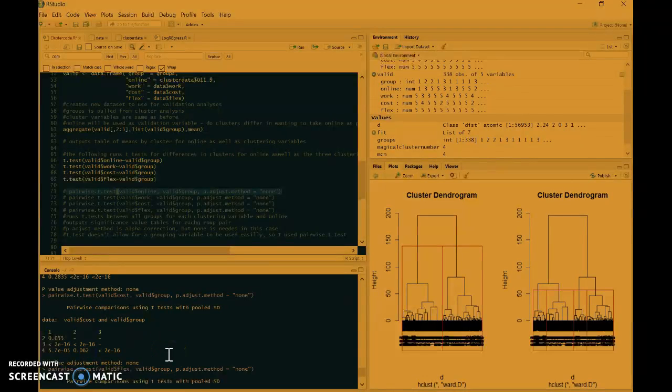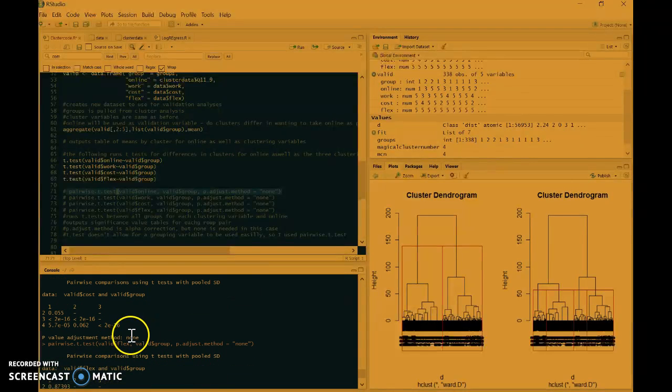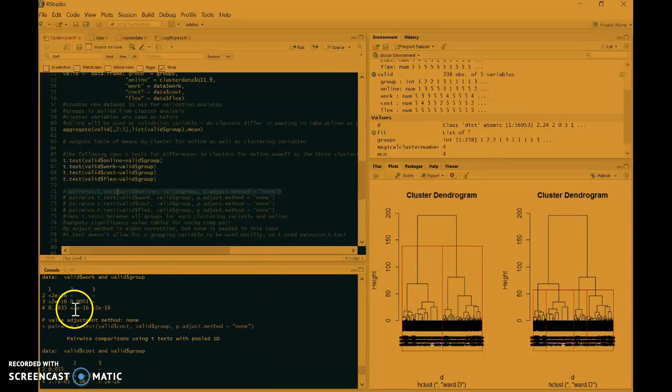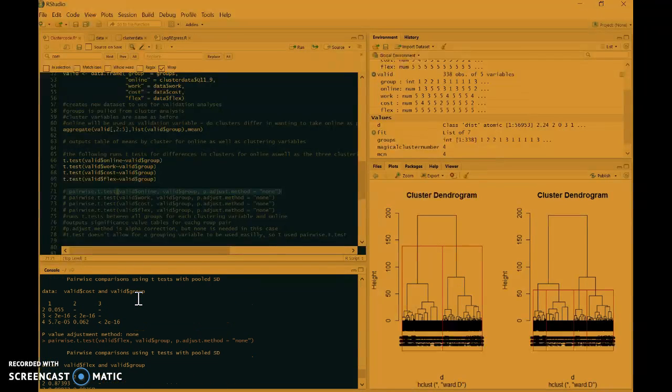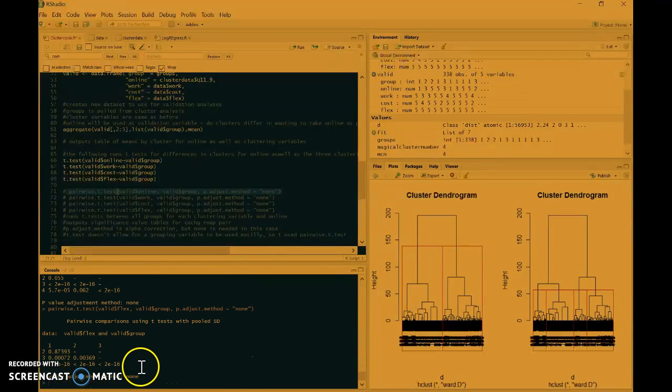And so kind of how this works is that this is explaining the same thing. These are just how the clusters are differing. Like 2 and 4 are the same statistically speaking on cost, but they are statistically different regarding work. So since it's 3 dimensions, they can differ on any of the other dimensions.